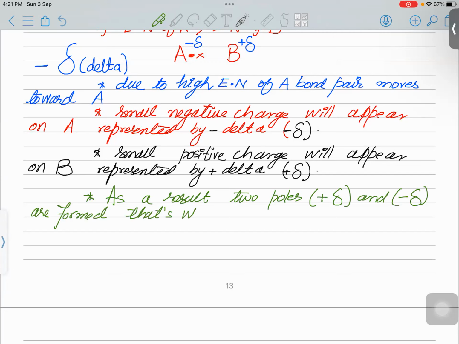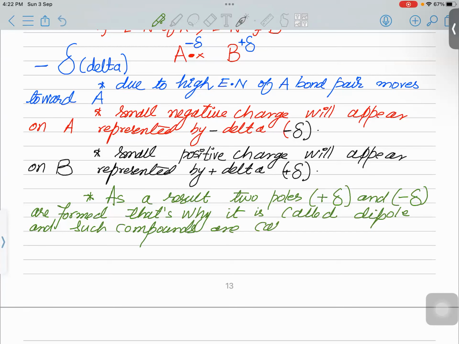That's why it is called dipole, and such compounds are called polar compounds. Any question?